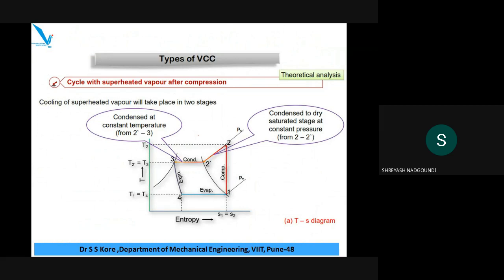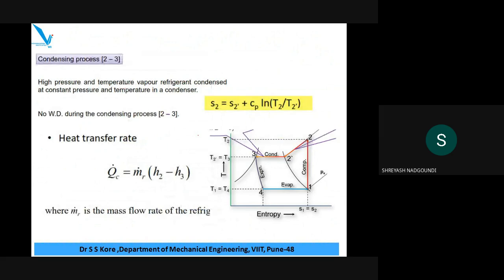First, superheat is rejected, and then latent heat is rejected. The amount of heat rejected is H2 minus H3. If you multiply by m dot, we'll get the answer in kilowatts.